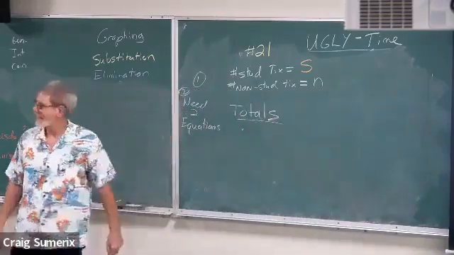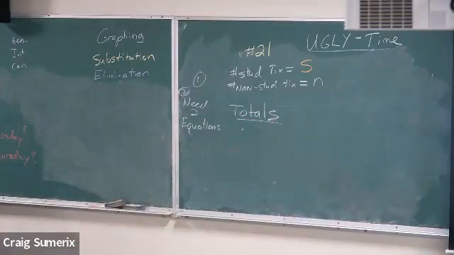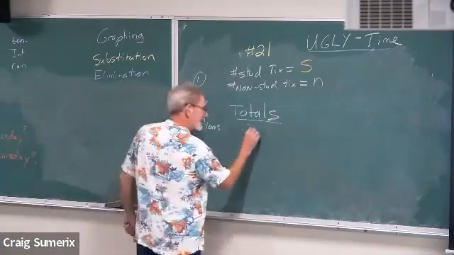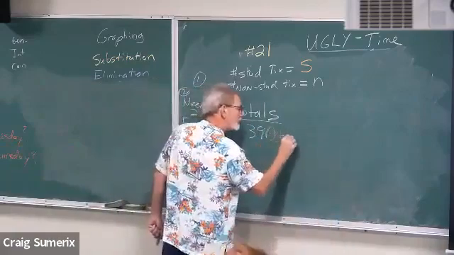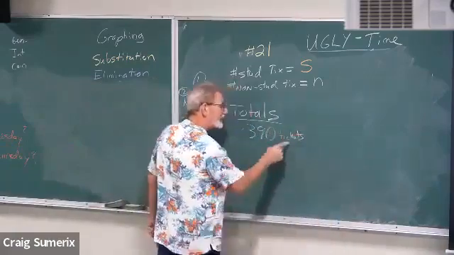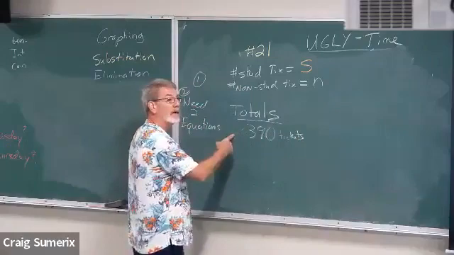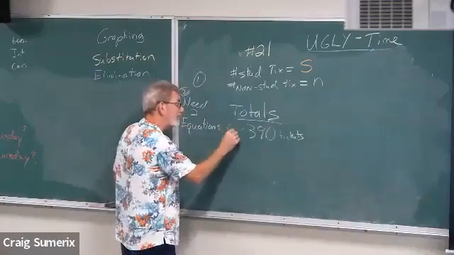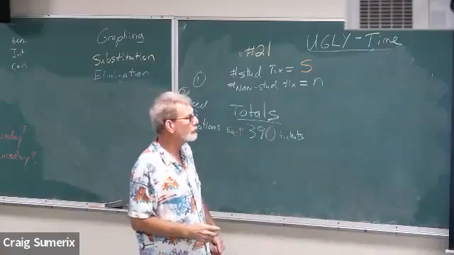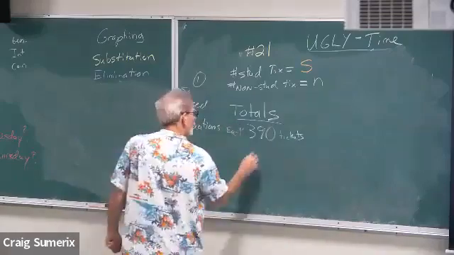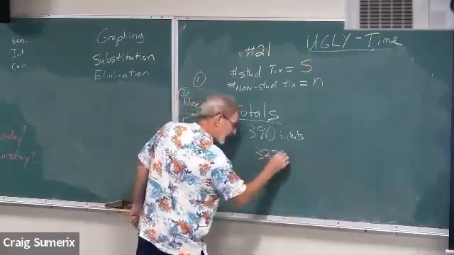They gave you 390, but 390 what? Tickets. Because that tells me that one of my equations is going to be about tickets. What's the other total they gave us? $3,270.